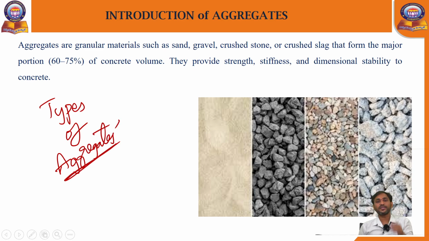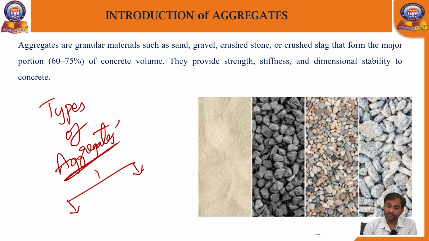The types of aggregates will be in two types. One depends on the size. If the size of an aggregate is less than 4.75 mm, then we call it sand, that is, fine aggregate.